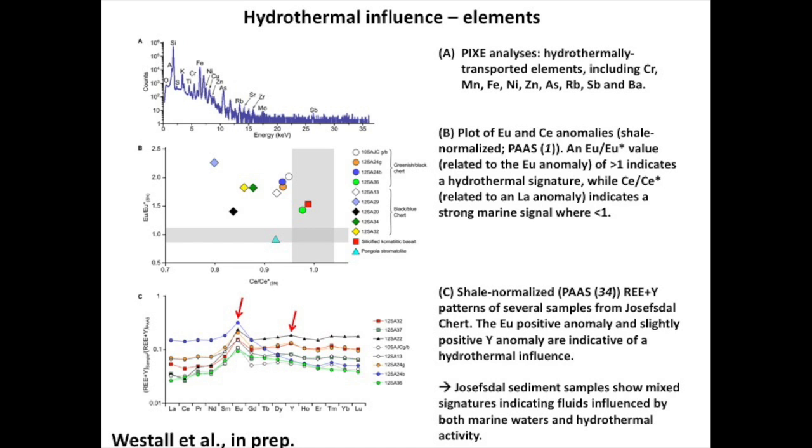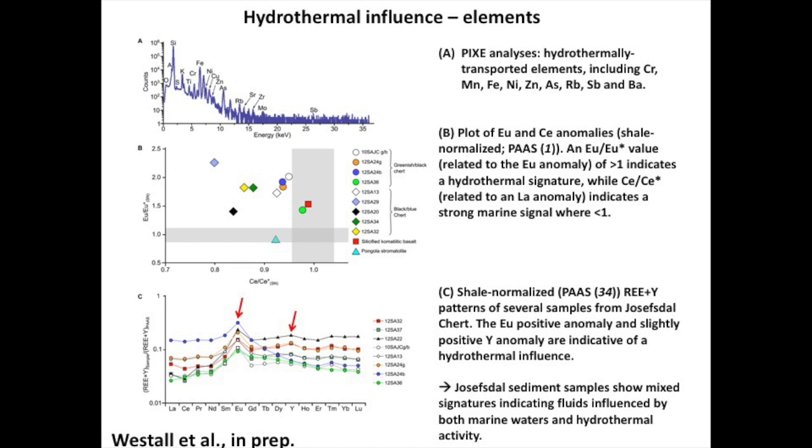Now, the geochemical data can also give us some really fascinating information about the mix. I'm talking always about hydrothermal fluids coming in, yes, but there was still seawater there, and we can see that. If we look at the plot of europium and cerium anomalies, we can see this interplay between seawater influence and hydrothermal influence.